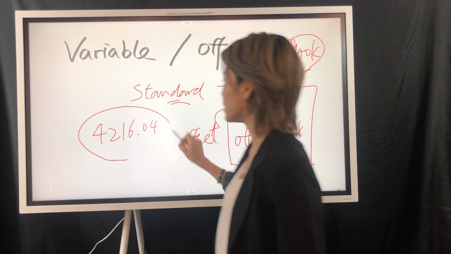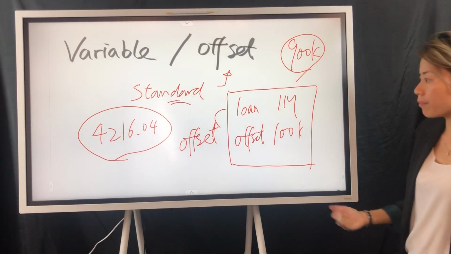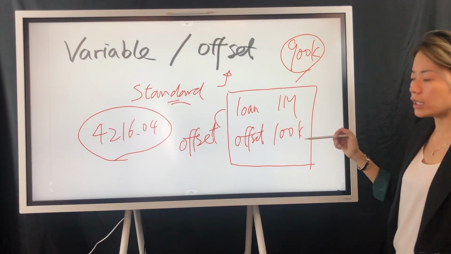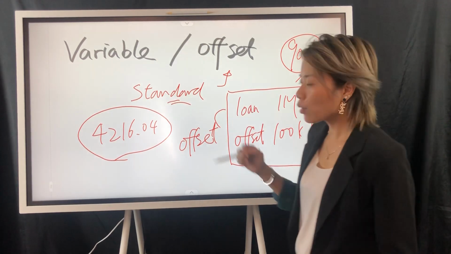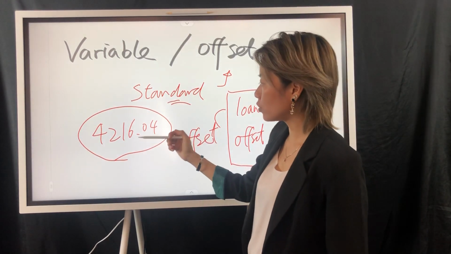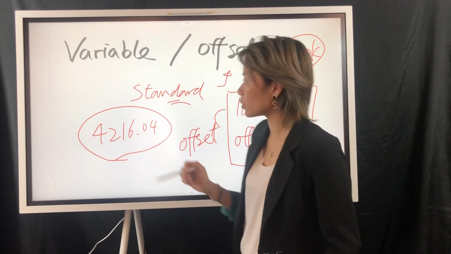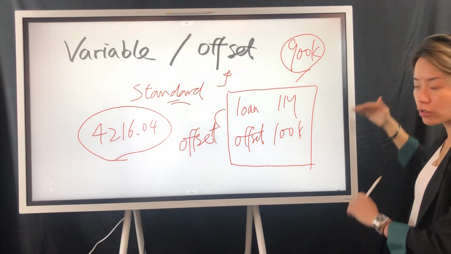Let's say this is still the repayment that you have to pay monthly. That's based on 1 mil. But actually, because you've got money in your offset account, you're paying less on interest, and whatever extra that is not going into interest goes to the principal. That also means you shorten your loan term.